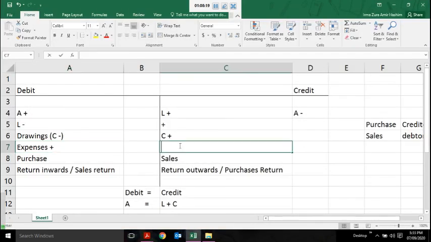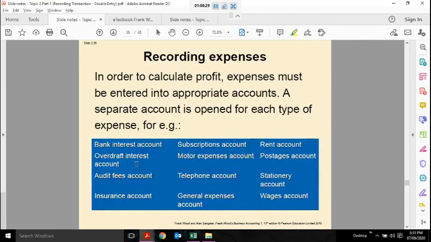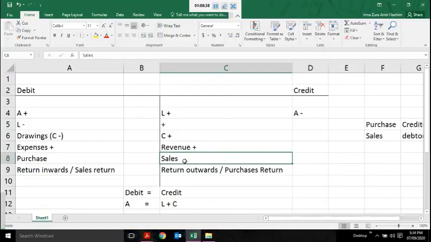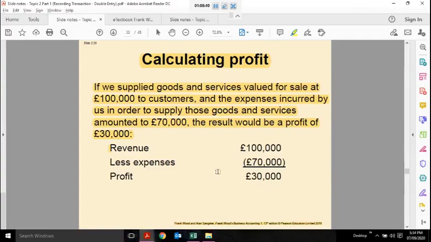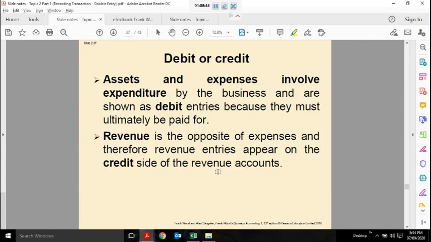This is the contra. So whenever your revenue increases, you will record it as credit. Revenue you will earn, or in another word, it is actually from your total sales. So it will be credit.